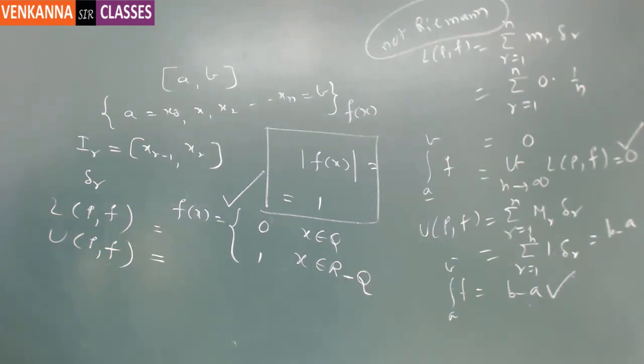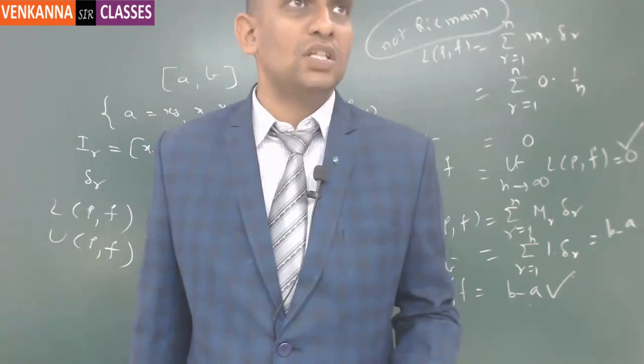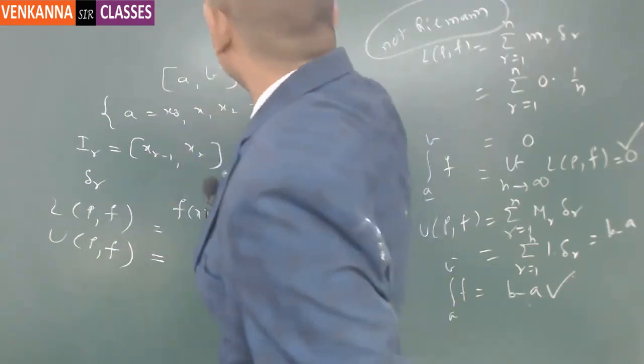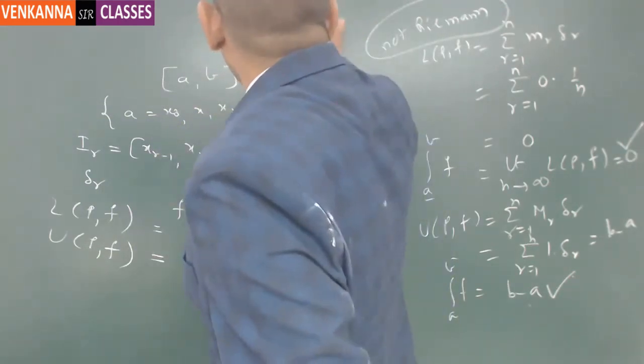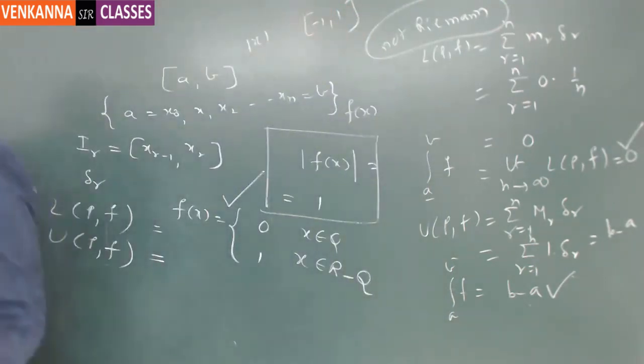The modulus of every bounded function is Riemann integrable, that's a good thing. Now let us say you take the modulus of a function, let us say mod x on the closed interval minus 1 to 1. Can you check by taking a partition whether that is Riemann integrable?